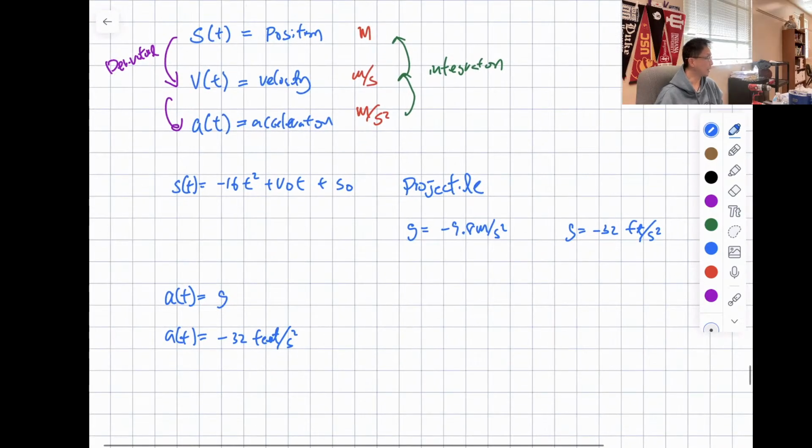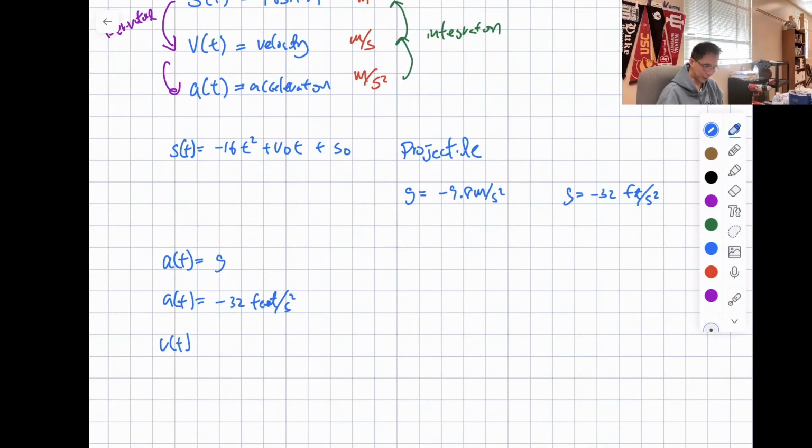How do I get v of t? How do I get from a of t to v of t? Integrate. So v of t is the integral of negative 32 dt, so it'll be negative 32t plus c. Does that make sense?